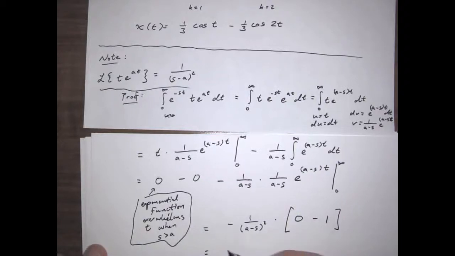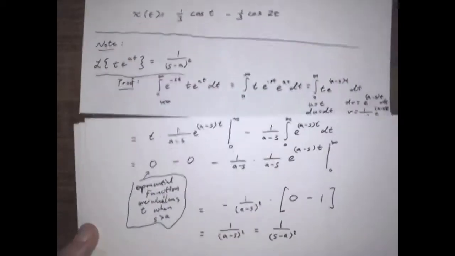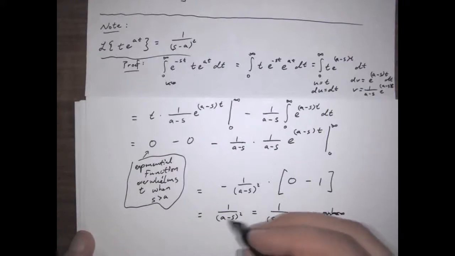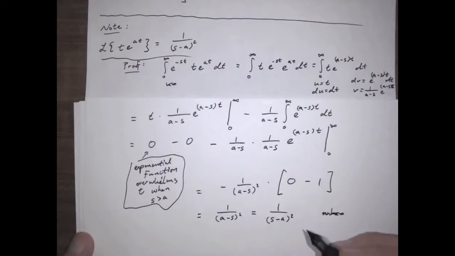So then that's going to equal just 1 over a minus s squared, which is the same thing as 1 over s minus a squared, so this is the way it would be typically written. They're the same though, because when you square something, it always becomes positive, whether it was negative or positive to start with. And here we need s to be greater than a.